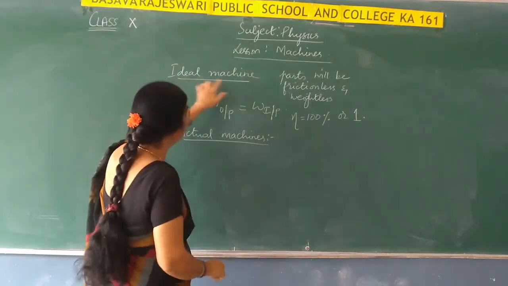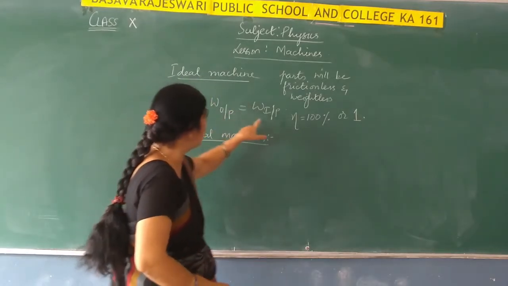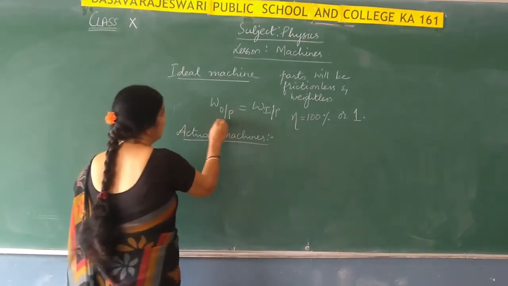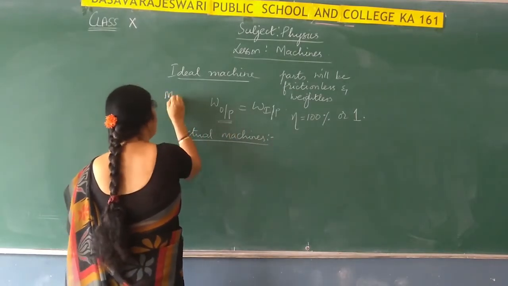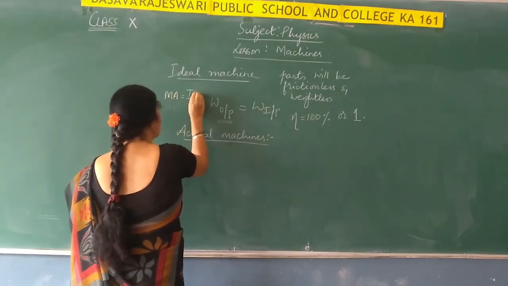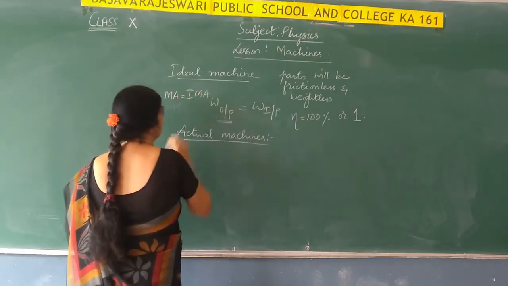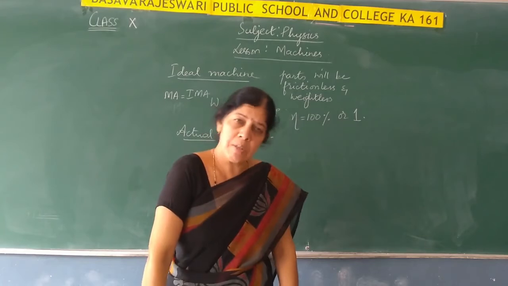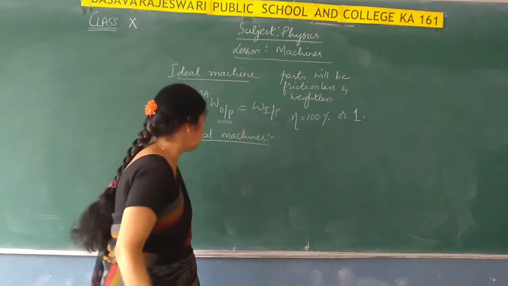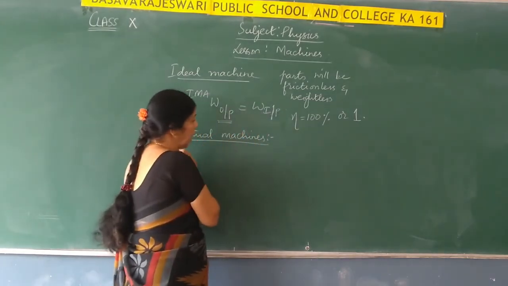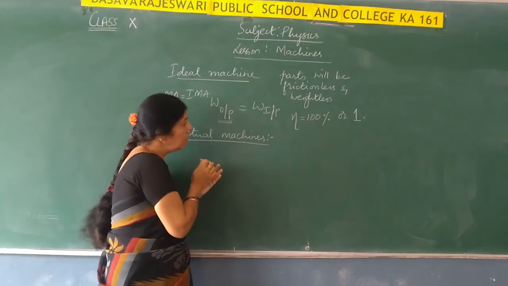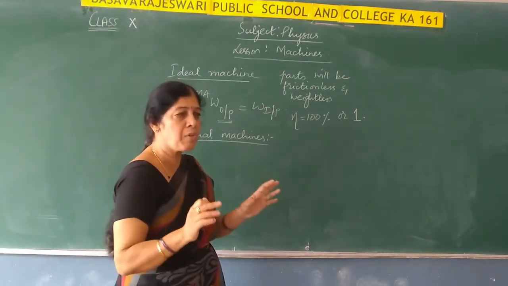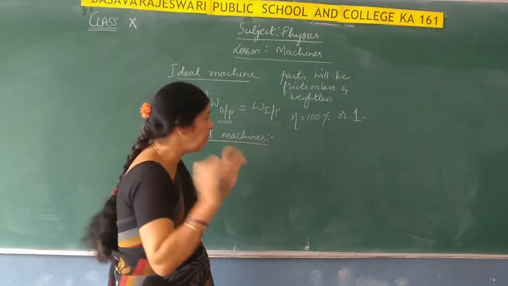Now one more thing, in an ideal machine, as I said, work output will be equal to work input and efficiency will be 100%. Understood? Here, mechanical advantage is called ideal mechanical advantage. Now when it comes to actual machines, in actual machines there will be friction between the parts of the machinery and the parts of the machinery will have some weight.